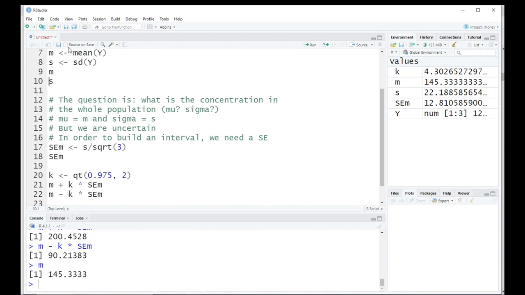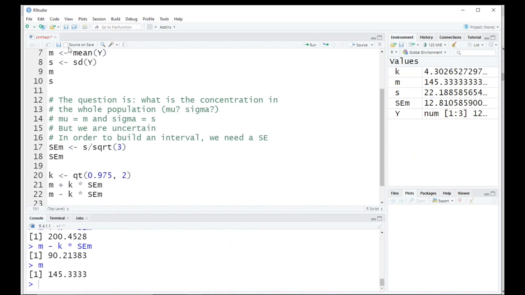By looking at this, we conclude that the concentration for the whole population must be with high probability within 90 and 200. So, you see, we look at the sample, we are uncertain about our population, and we clearly express our uncertainty in the form of an interval.